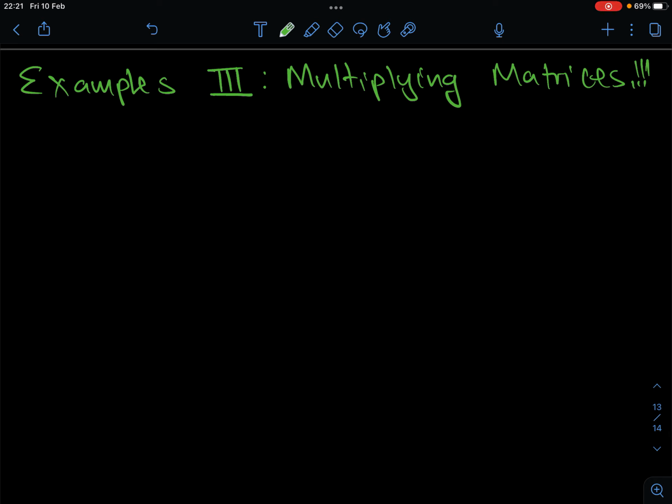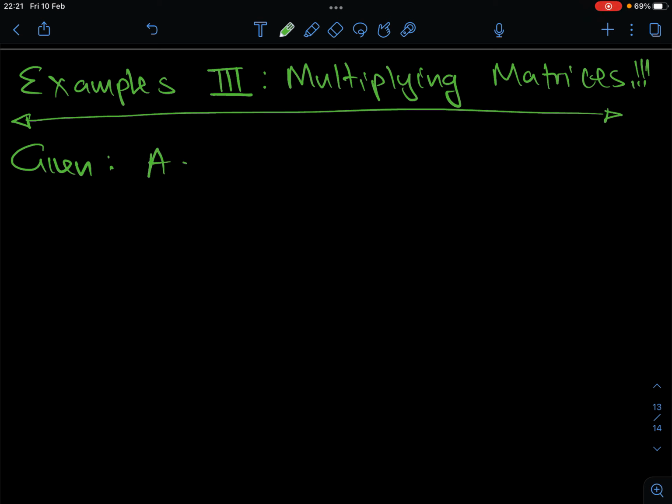We are given the matrix A, which is 2, minus 3, 4, 6, 2, 4, 1, 3, 5, 2, 1, 4.